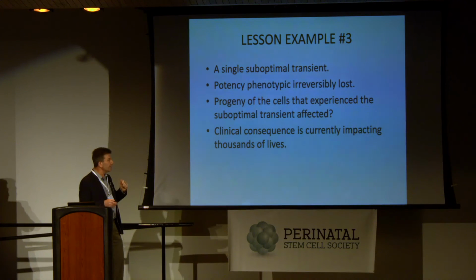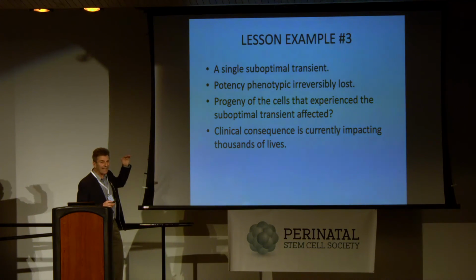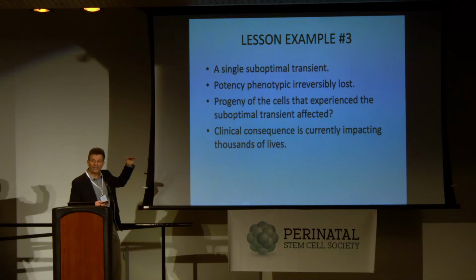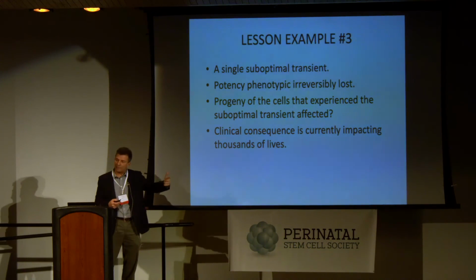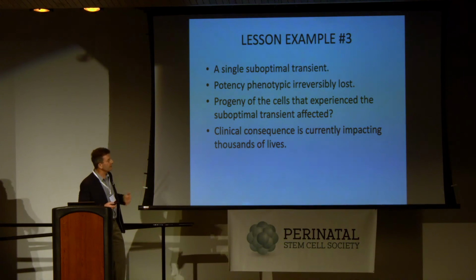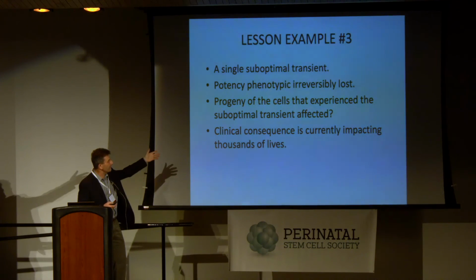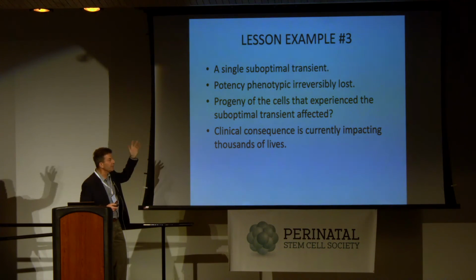And was it the progeny or the direct exposure to those cells that was affected? They weren't really clear about that. But one thing they were clear about is it didn't have anything to do with viability at all. And it didn't have a lot to do with anything else they could actually measure. And so, this lesson of what's happening before the cells start to die is very, very well represented in this example. And then, the final lesson here is this is a clinical consequence that's still going on every day in every bone marrow transplant facility in the world.